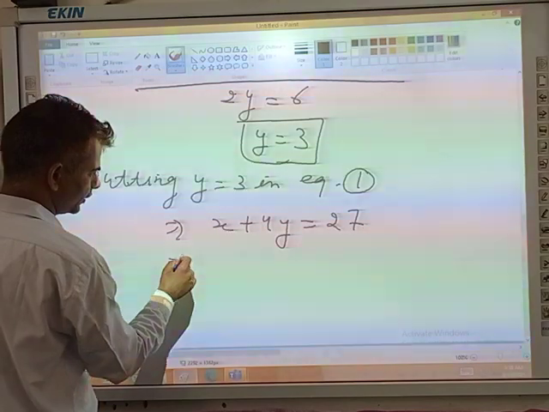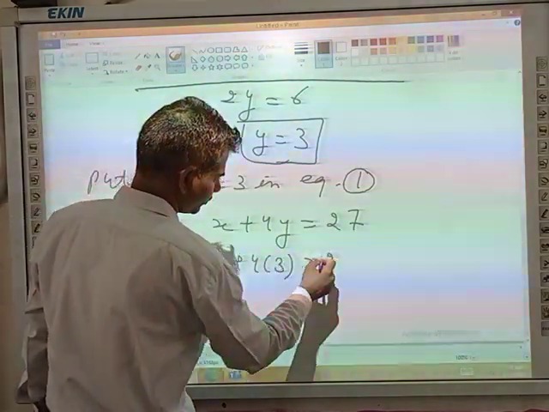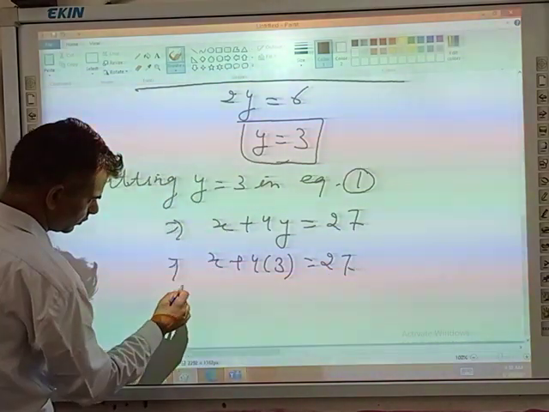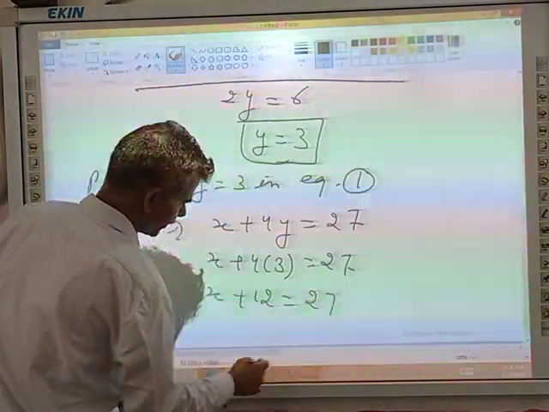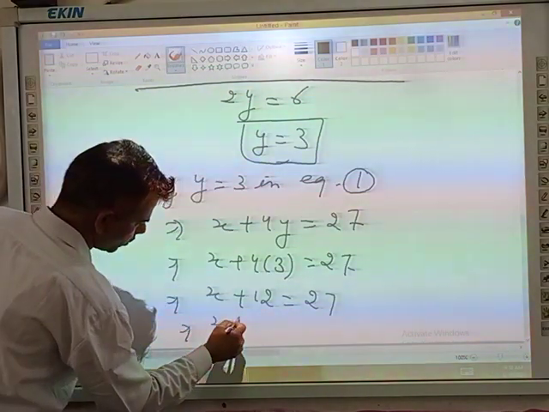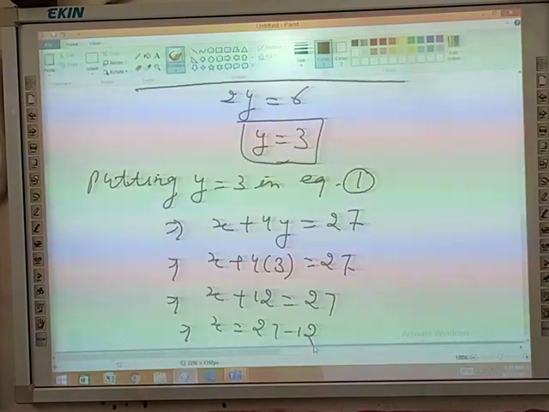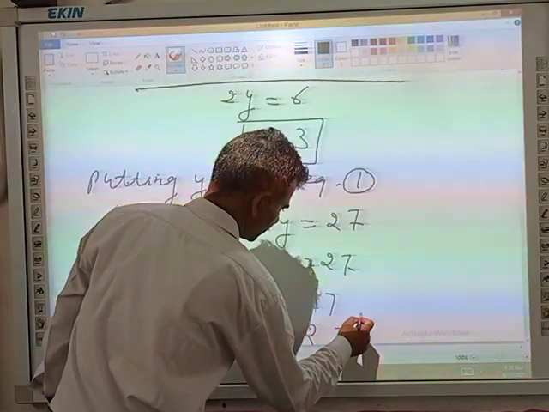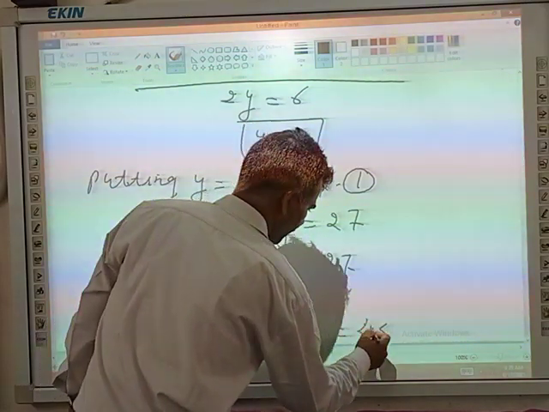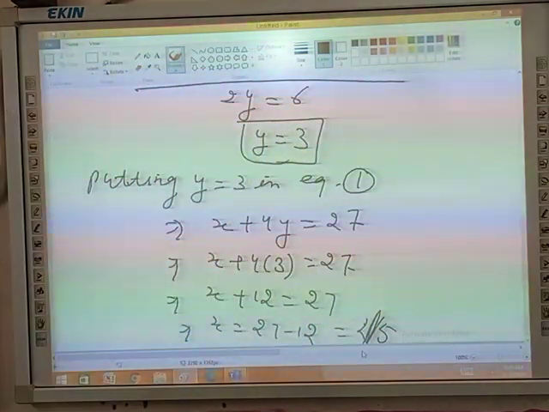Replace y with 3. That is 12. x is equal to 27 minus 12, that is 15.